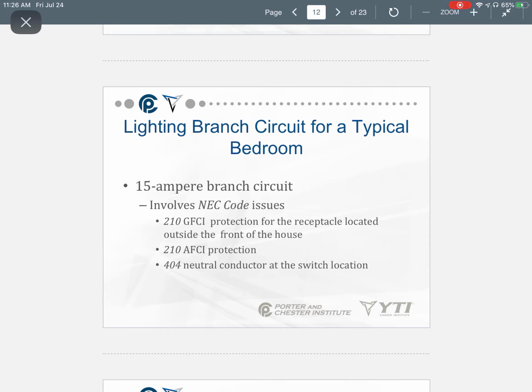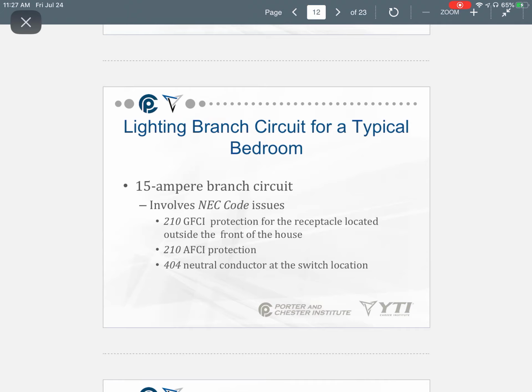Whether it's living room, bedroom, dining rooms, sunrooms, even kitchen receptacles, all have to be AFCI protected. Now, there are some that are required to be GFCI protected as well. But with few exceptions, if you visit Article 210 and look at the requirements, you'll see that the vast majority of all the receptacles in a house need AFCI protection.